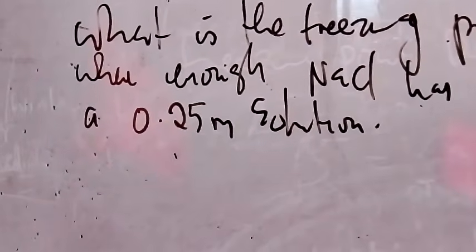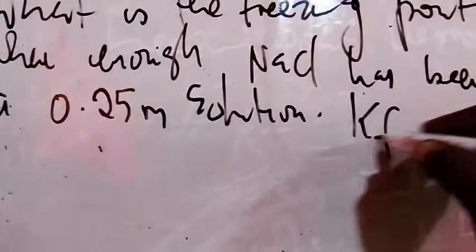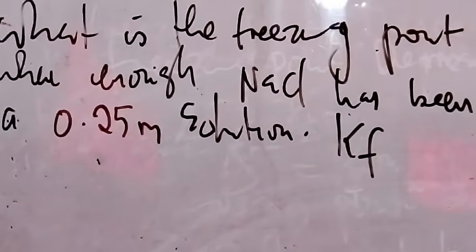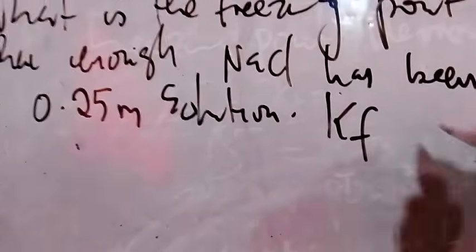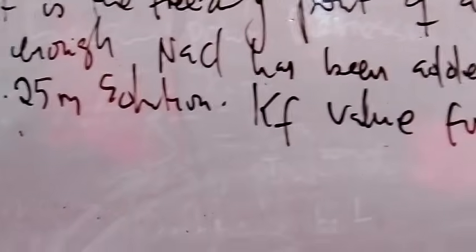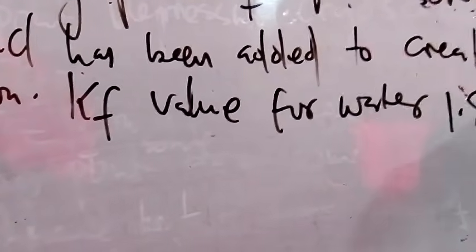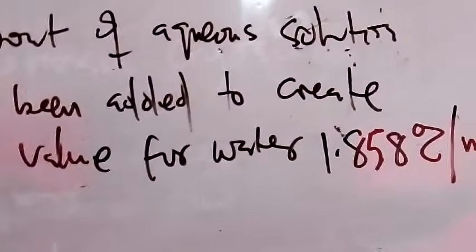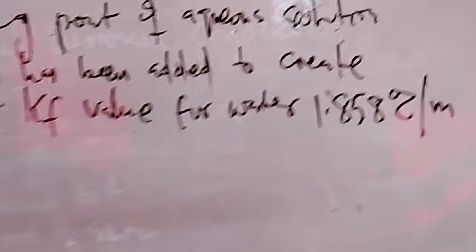Okay, so the Kf value for water is 1.858 degrees Celsius per molar. Okay, so m means mole per kg, the units of molarity.